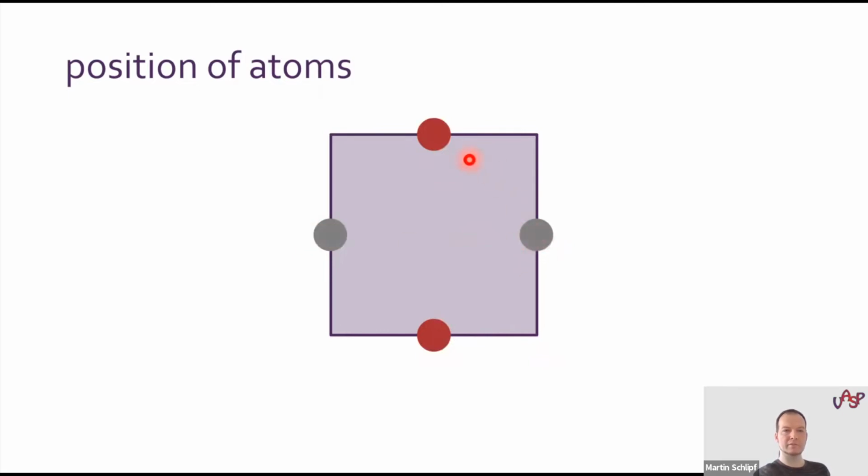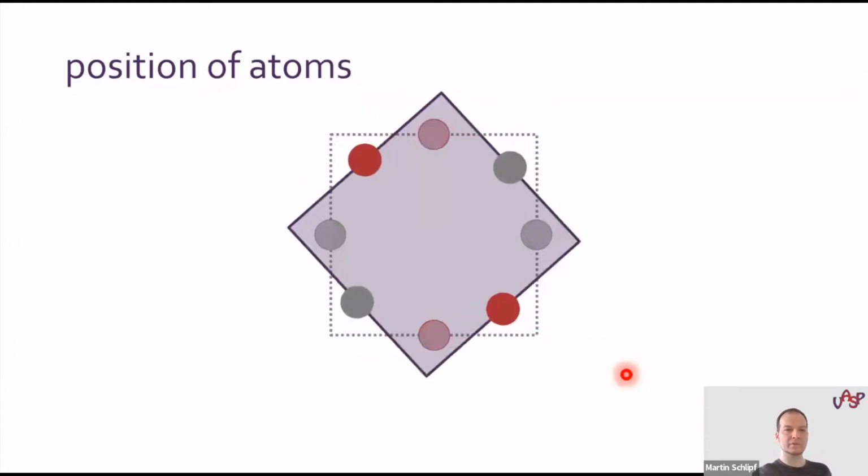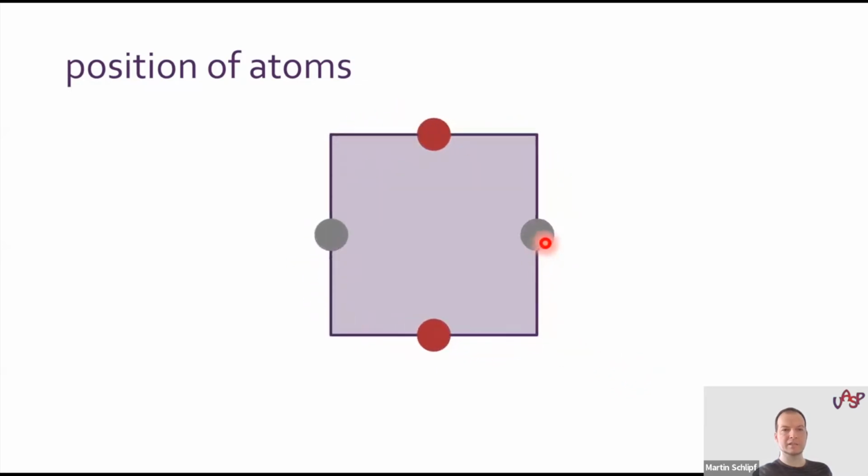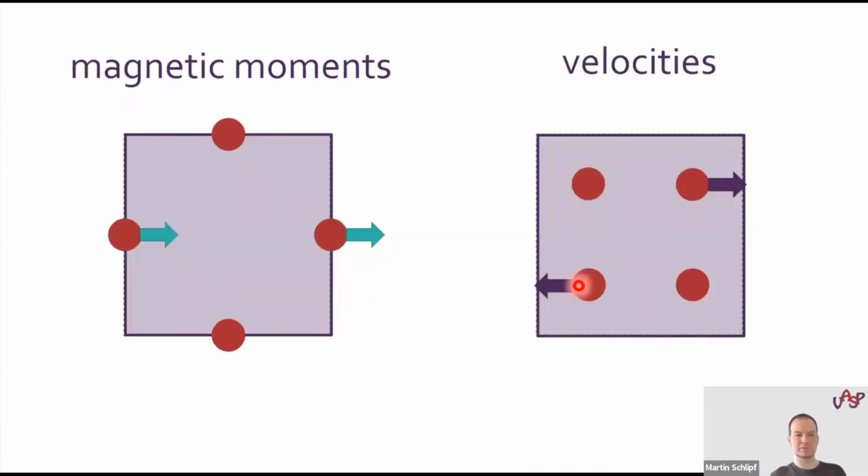If you rotate only by 90 degrees, the gray atom would end up on the red position, so then you do not have the same structure. You need to rotate by 180 degrees, and then all the atoms end up at the same positions, and the symmetry is conserved. This is a symmetry that we can then use to reduce the number of k-points that we need to calculate. But there are more things that we need to consider.